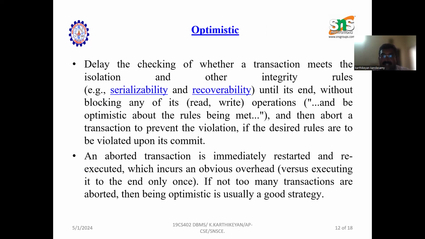If the desired rules are violated upon commit, an aborted transaction is immediately restarted and re-executed, which incurs an obvious overhead versus executing it only once. If not too many transactions are aborted, then being optimistic is usually a good strategy.